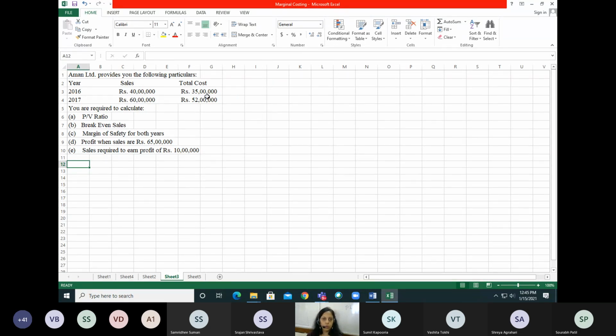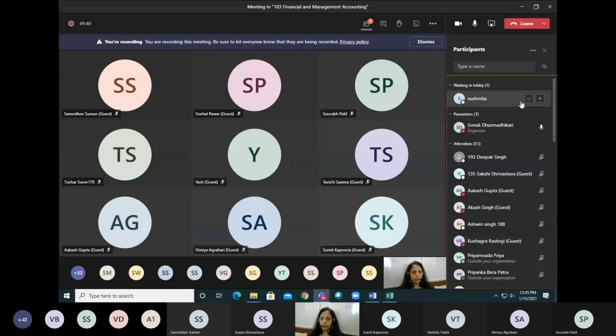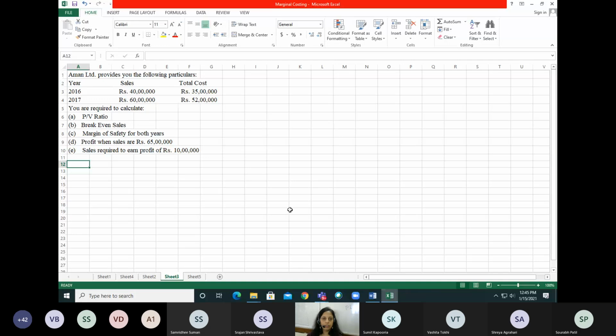Sales 40 lakh, total cost 35 lakh, so 5 lakh is the profit of 2016, and in the same way you have to calculate the profit of 2017. Whenever comparative data is given, you have to use the formula change in profit upon change in sales into 100. You got my point?